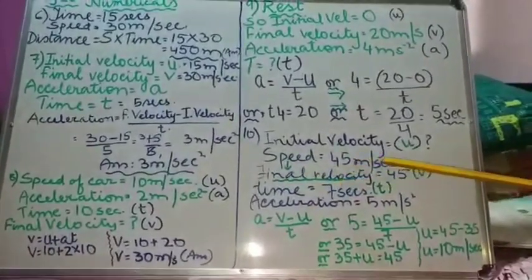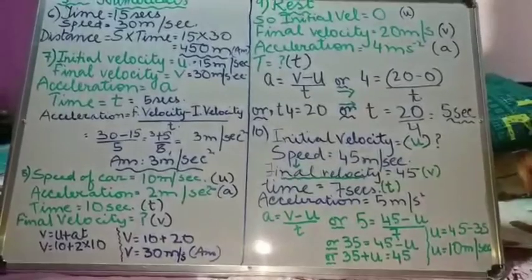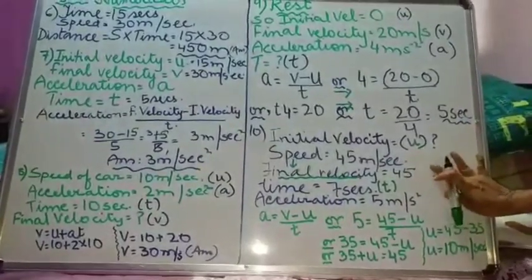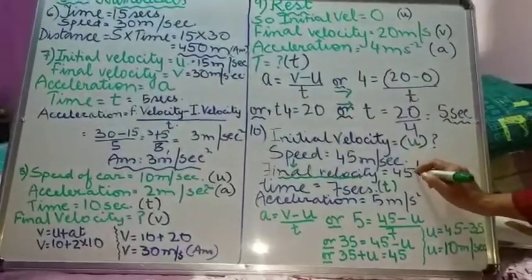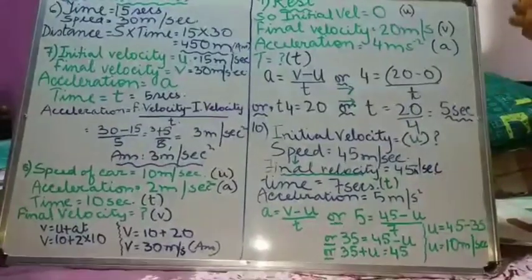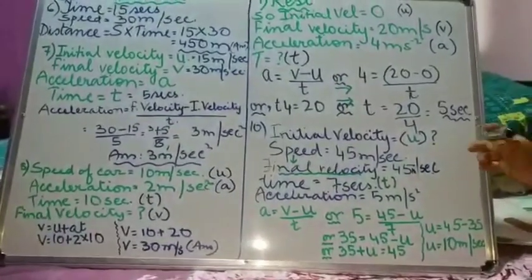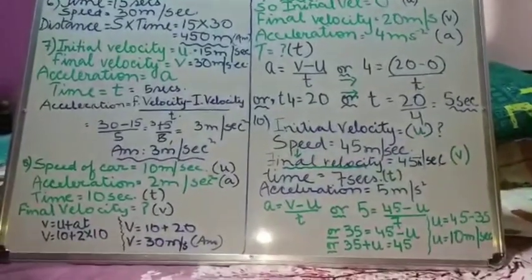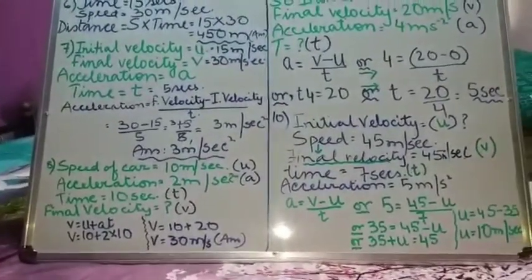Final velocity is 45 meter per second. Time given is 7 seconds, that is t is equal to 7.